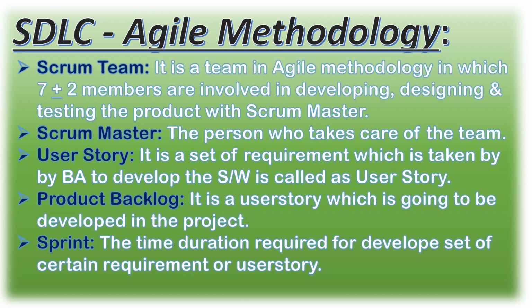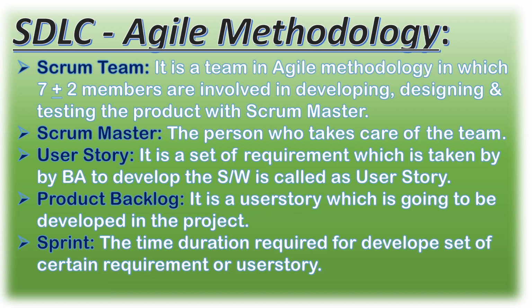Some companies add a few more people, but as per the ethics we should have 7 plus or minus 2 members in the Scrum team. Next, what is Scrum Master? Scrum Master is the person who takes care of the entire Scrum team.